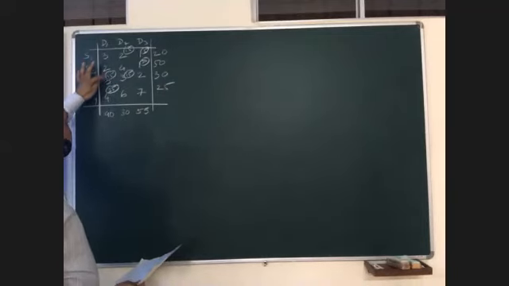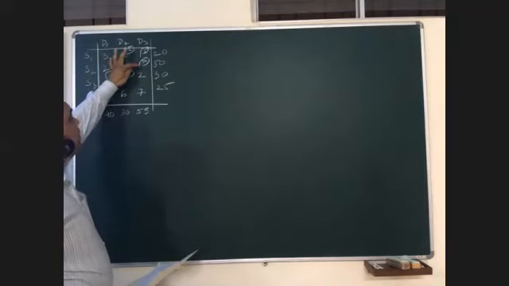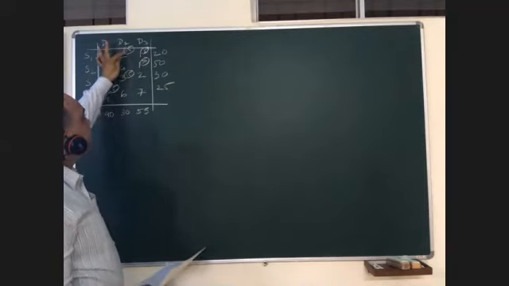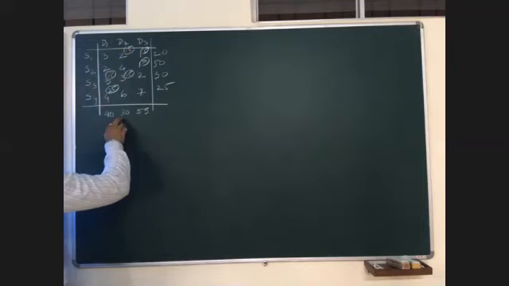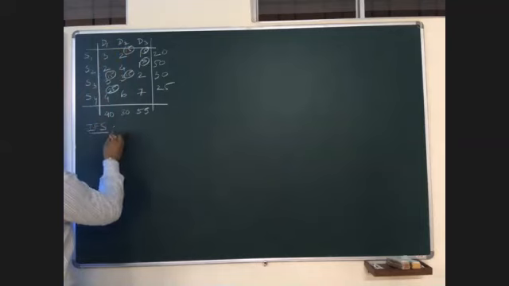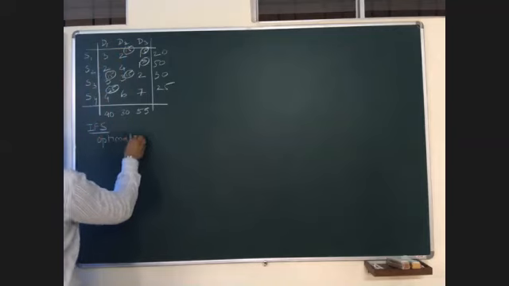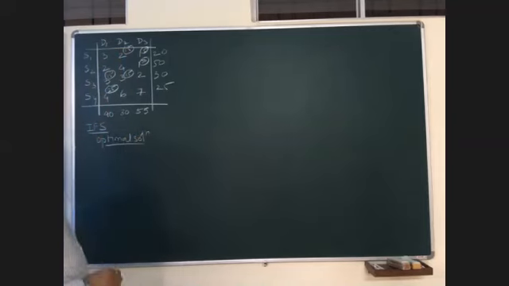The figures are 15, 25, 15, 50, 5, and 15. This was the problem. Today, whatever answer we got, the IFS I'm talking about, whether this IFS is our optimal solution, we can check by the Modi method.